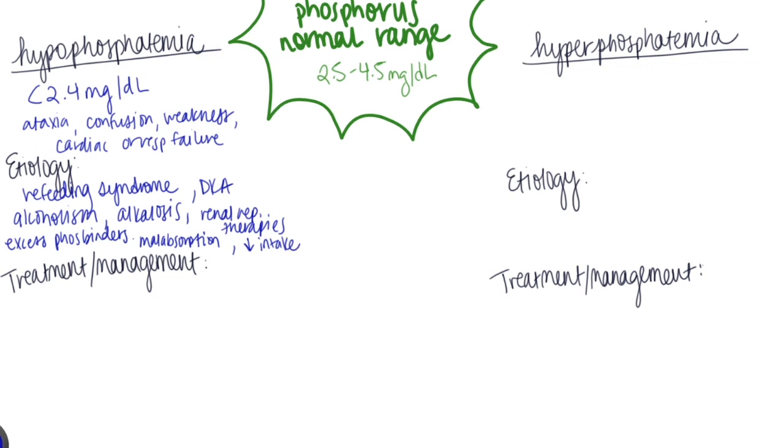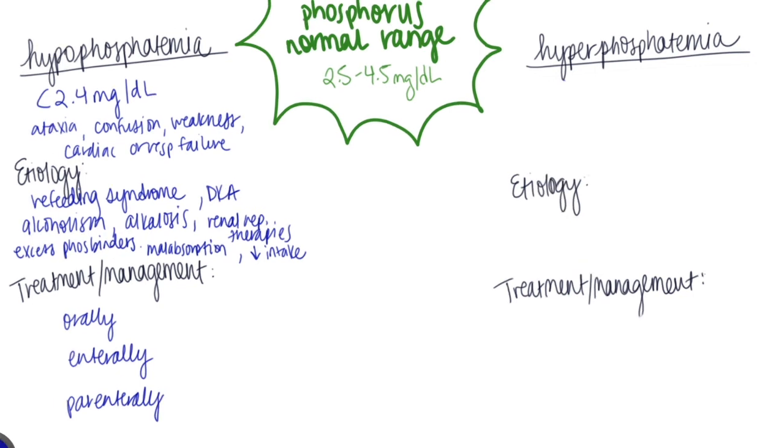Treatment and management for hypophosphatemia is going to be getting more phosphorus into the system. We can do that orally, enterally, or parenterally. So for orally or enterally provided phosphorus, we're going to see anywhere between 1,000 milligrams upwards to 3,000 milligrams provided per day to individuals.